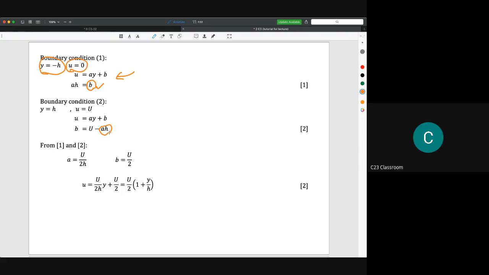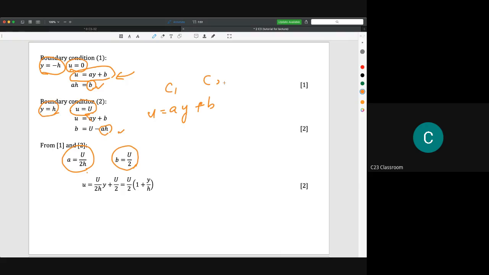And then we substitute the values of y equal to h and u equal to capital U here, and we get B equal to U minus A h. Then we have A equal to capital U over 2h and B equal to U over 2, and we substitute in the basic equation u equal to A y plus B. I'm sorry, you should replace these with C1 and C2.